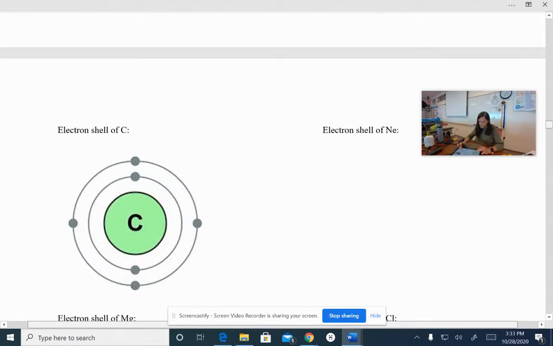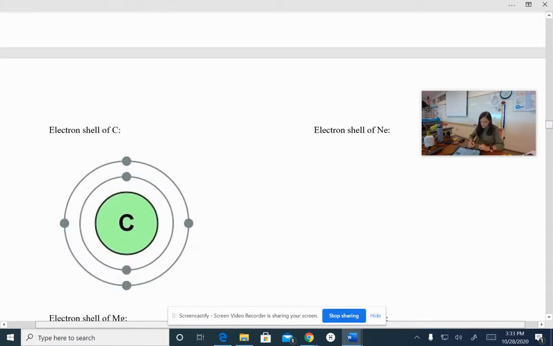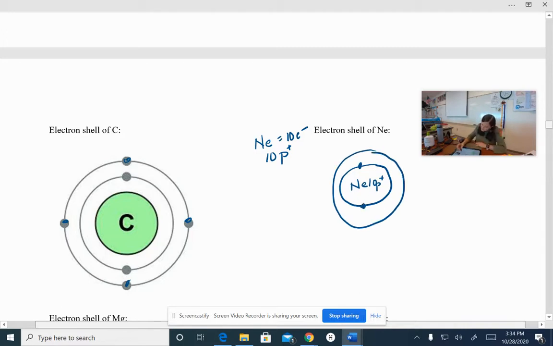Okay, so the electron shell of carbon is going to be like this. We've got 4 valence electrons, right? 1, 2, 3, 4. It doesn't have an octet. But if I look at neon, neon has 10 electrons and 10 protons. So I will have 10 protons in the center. That first ring, I have 2 electrons. And that second ring, I will have 8. I will have an octet.